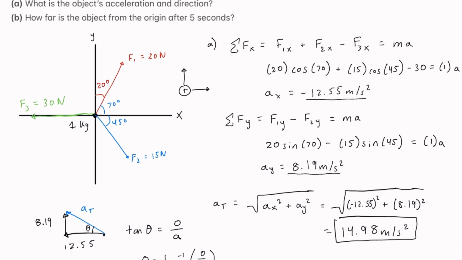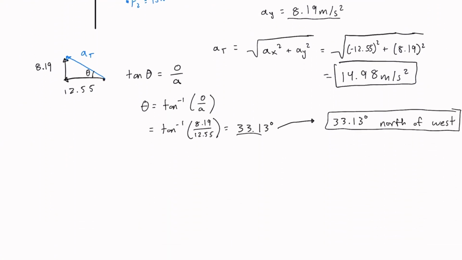Finally, question B asks us how far the object is from the origin after 5 seconds. For this last problem, we can use simple kinematics. We have our distance equation, d, which is equal to v naught t plus 1/2 at squared. We can cancel out v naught t because in this problem, we can assume no initial velocity.